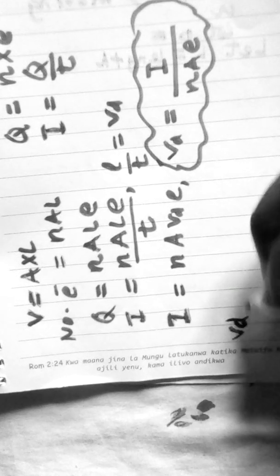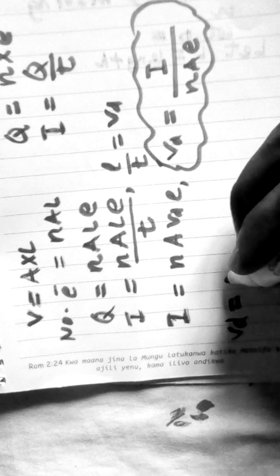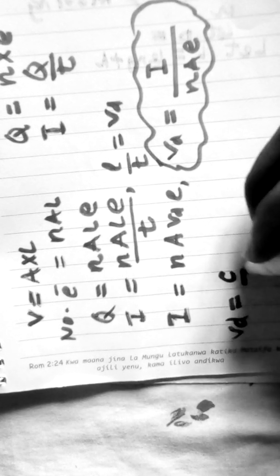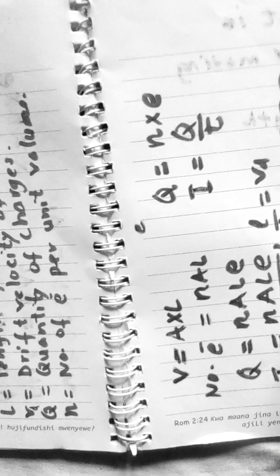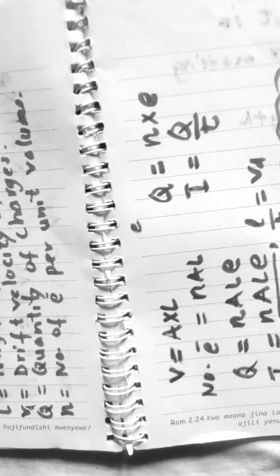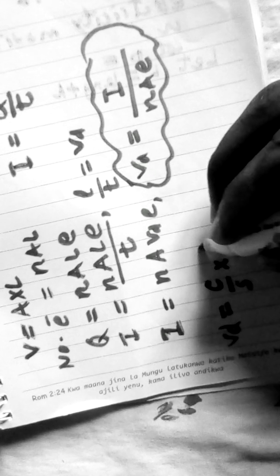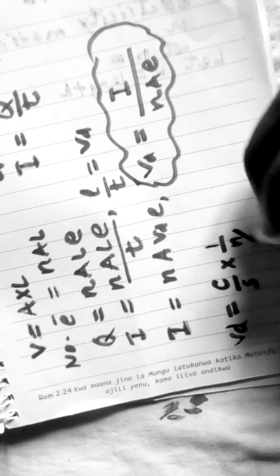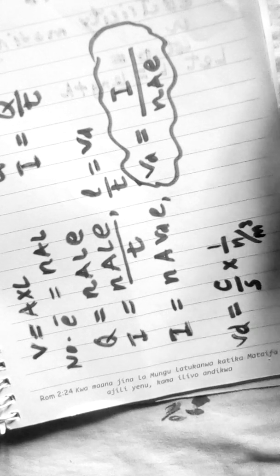Vd is given by the current, which is the quantity of charges flowing per second, or coulomb per second. You multiply by 1 over n. N, as I defined before, is the number of electrons per unit volume, so you're going to have 1 over n per cubic meters.